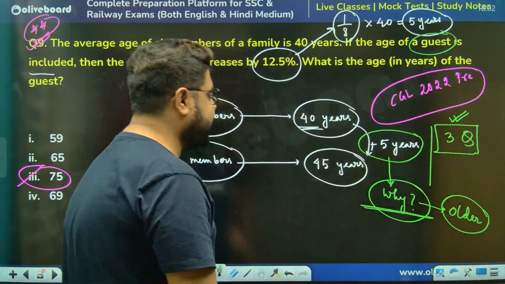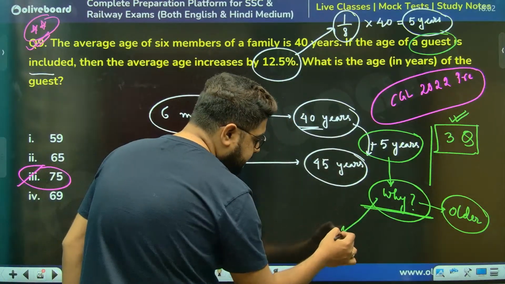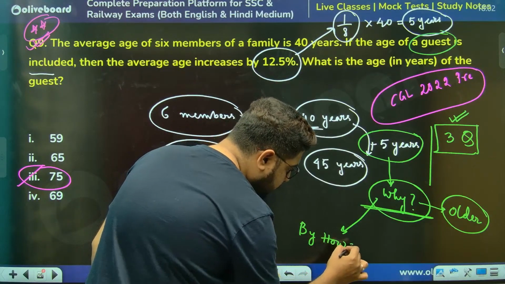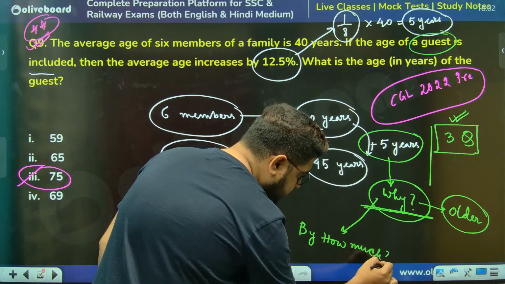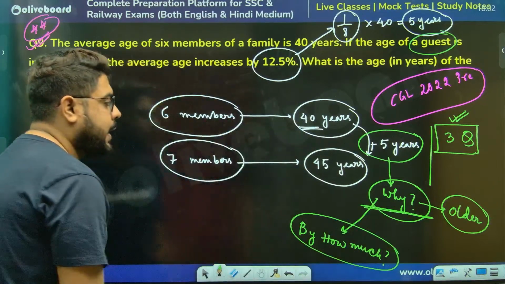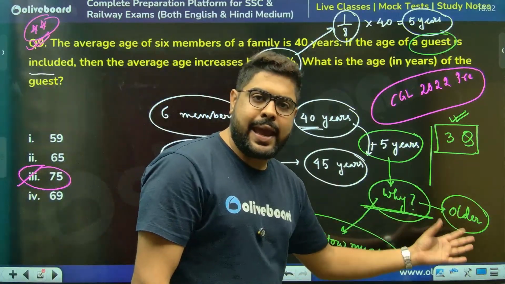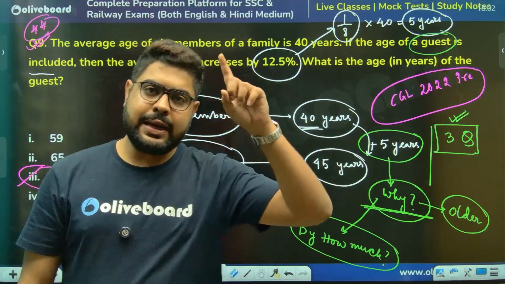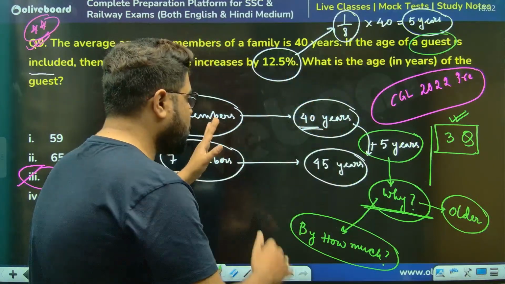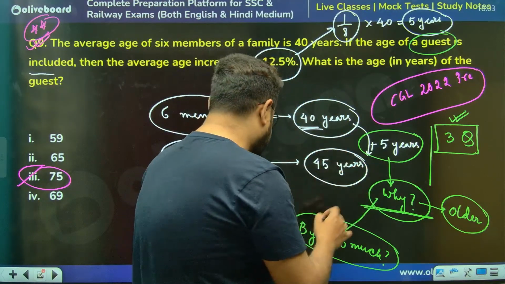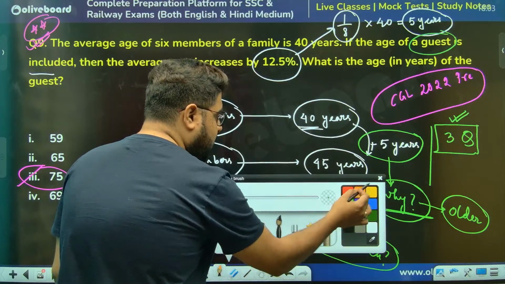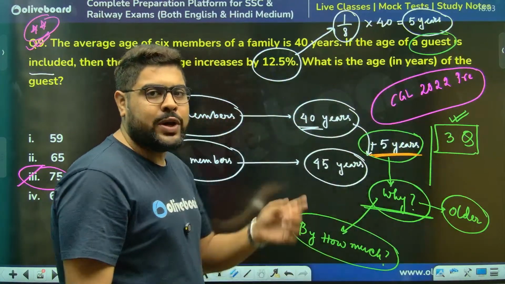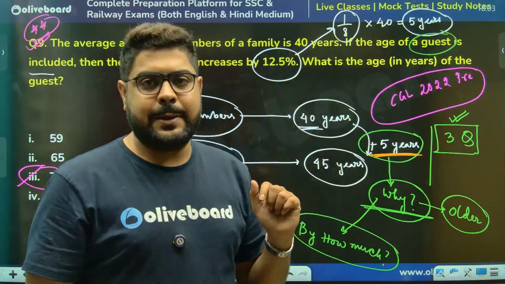Now, second question. By how much? It is older. By how much? His age is so much more that it is causing a 5-year increase to each and every member of the family.